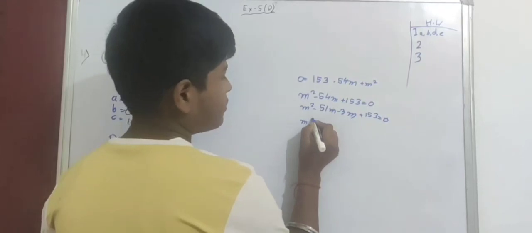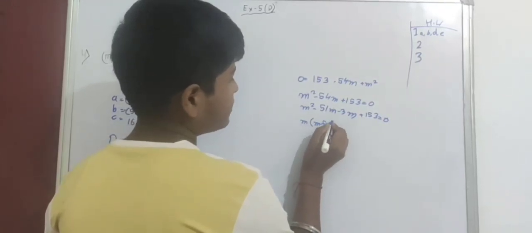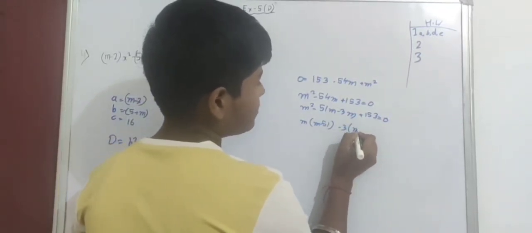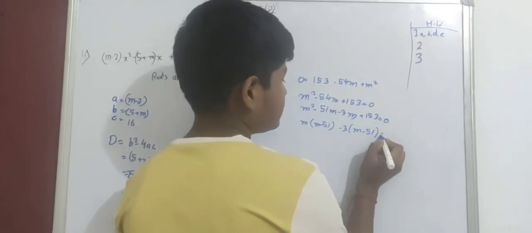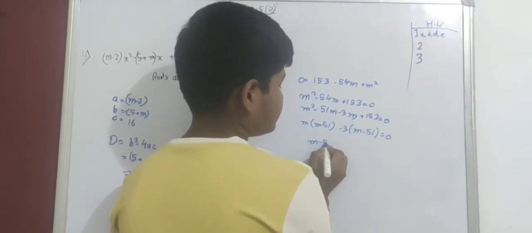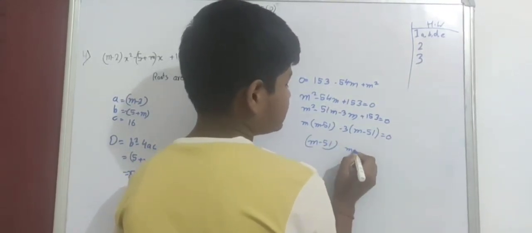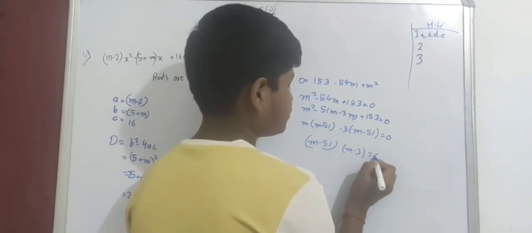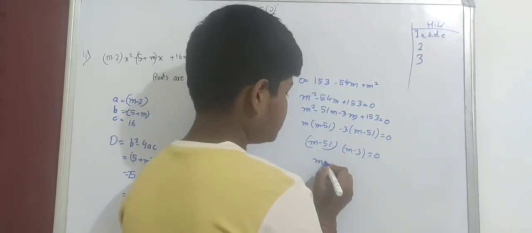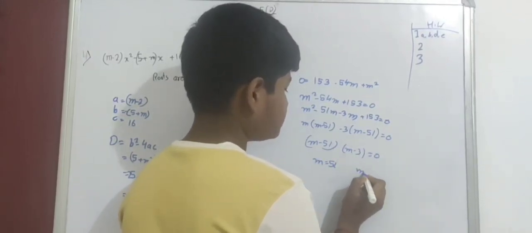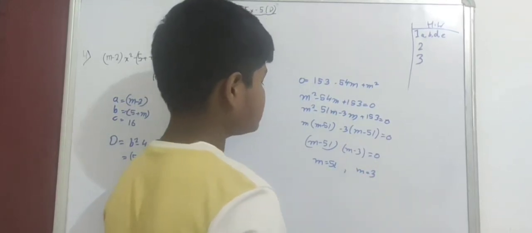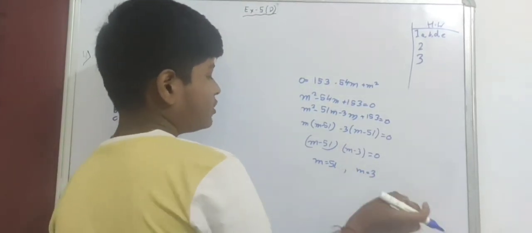Now we have m outside, m minus 51, here minus 3, m minus 51 is equal to 0. Here m minus 51 and m minus 3 is equal to 0. Now m is equal to 51 and m is equal to 3 as the final answer, either 51 or 3.